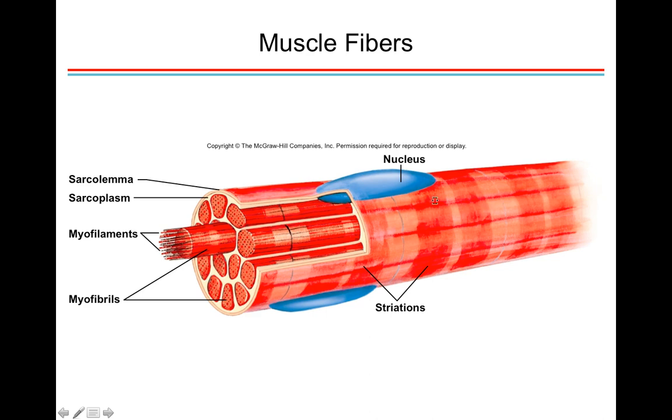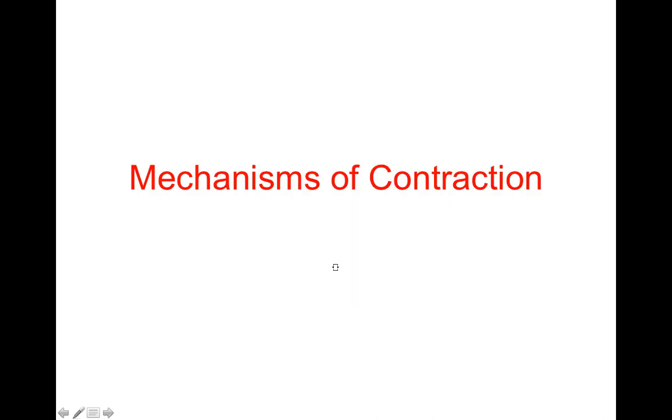And here's this again, one muscle cell. Here's the sarcolemma, which is the plasma membrane, and the sarcoplasm. And then in each of these cells there are multiple myofilaments, which are really the cytoskeleton of the muscle cells. And again, we see the two nuclei in this one cell.